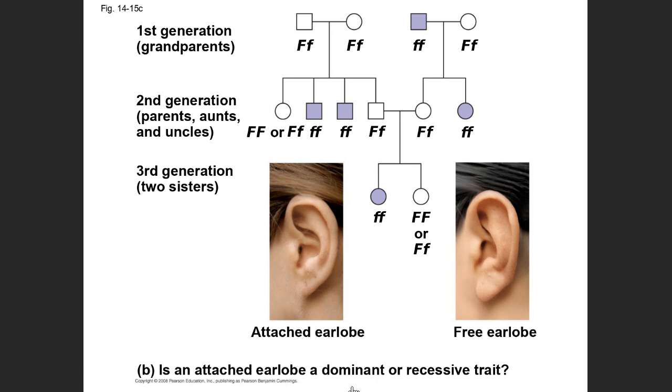Yes, I'm sticking my tongue out at you. You can curl it up on both sides. Can anybody roll their tongue? Me. Yeah. Right. So some people can do it and some people can't. It depends on whether or not you have that particular allele. So some can and some cannot.